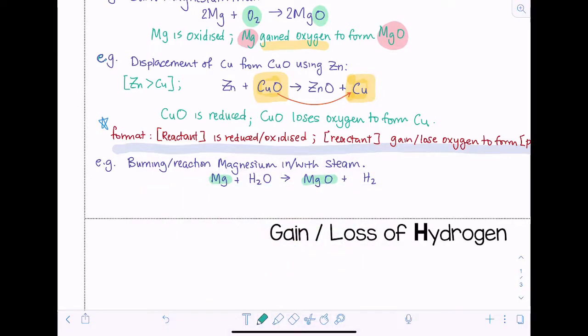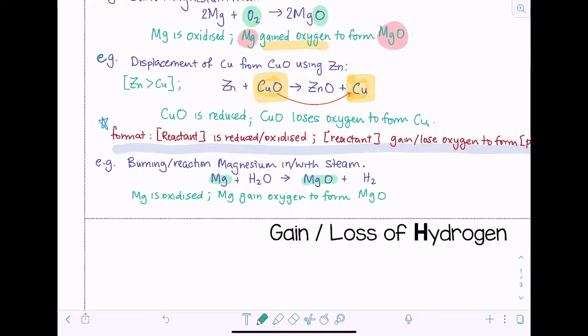Magnesium. We write the name of the reactant is oxidized, followed by explaining that magnesium gains oxygen to form the product on the other side, MgO.